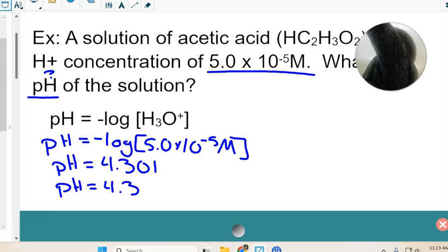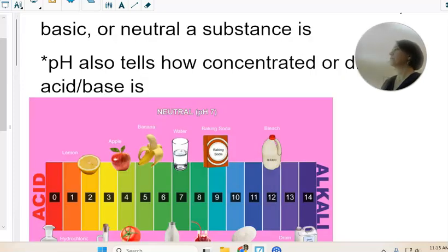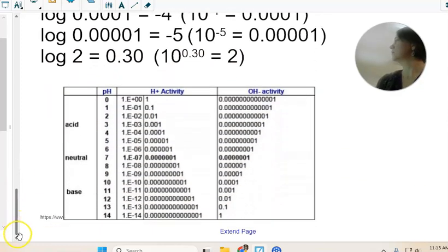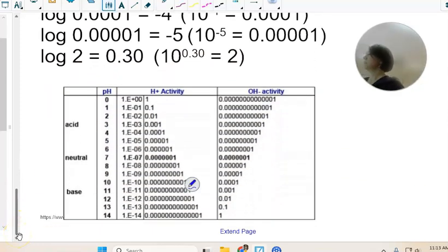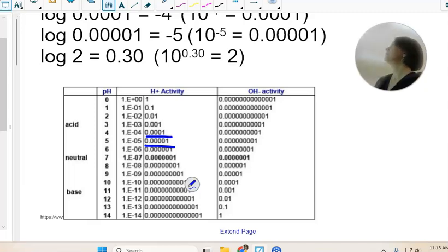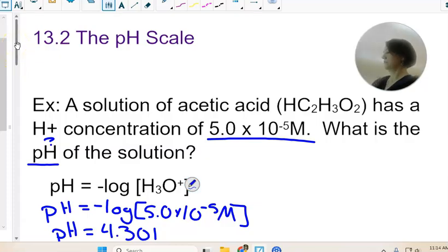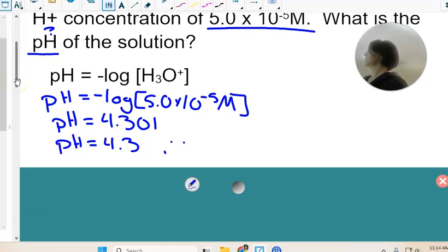Let's go back and I'll show you what I mean. That has between 4 and 5 zeros, so it should have a pH between 4 and 5. And does it? Yes, it does. Good job. We answered the question and we have a reasonable answer.